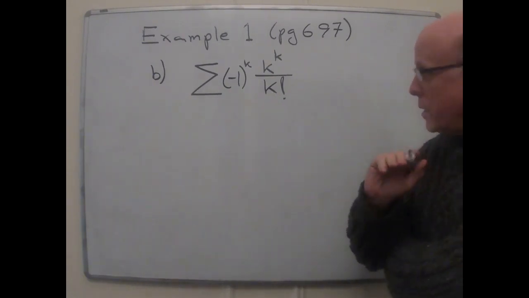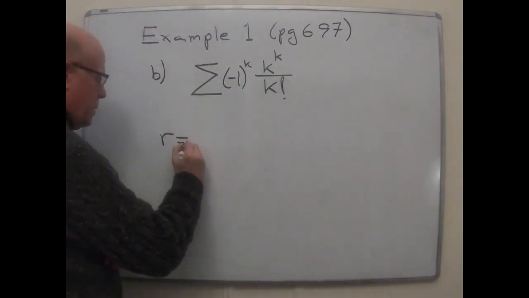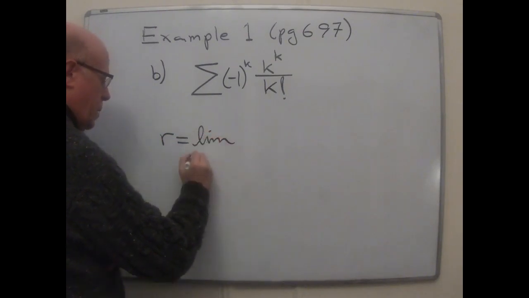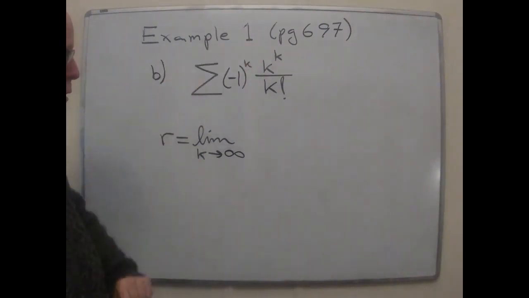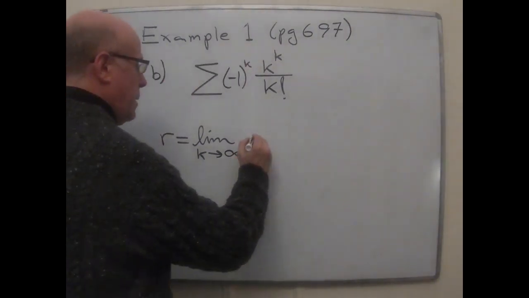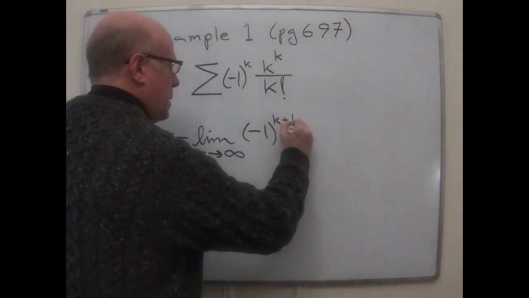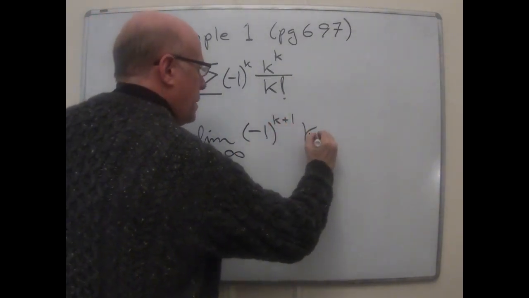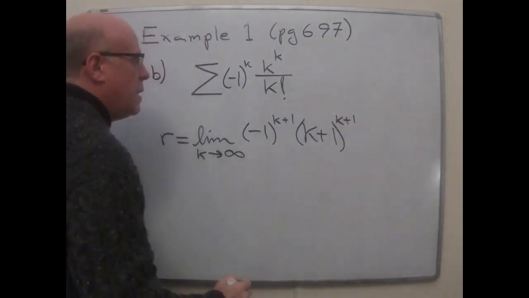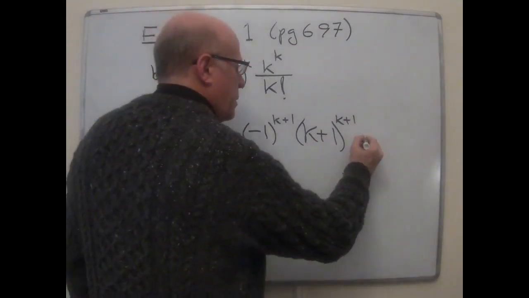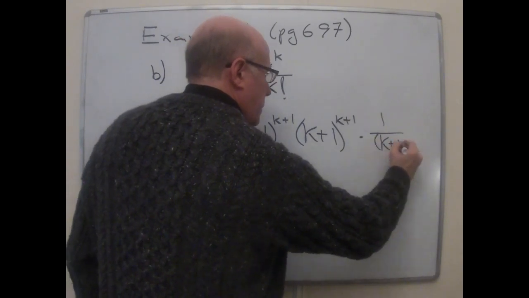What does the ratio test say we should do? We should look at, call it r, equal to the limit with k going to infinity of the k plus first version divided by the kth. Now that'll be minus 1 to the k plus 1, times k plus 1 to the k plus 1, and then divided by 1 over k factorial. Let me just say 1 times 1 over k plus 1 factorial.